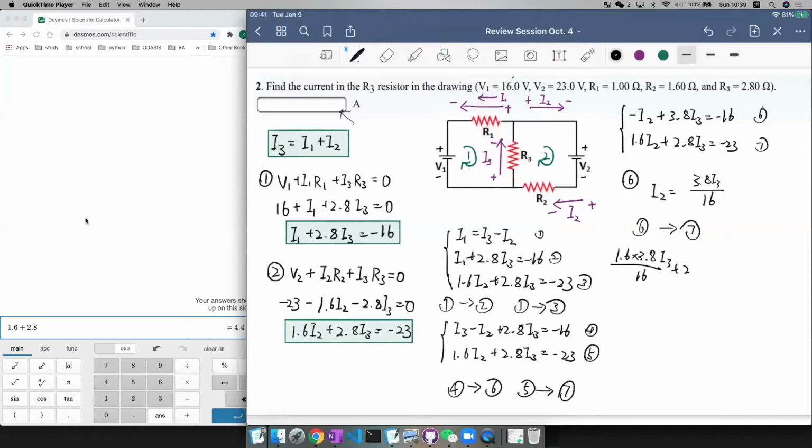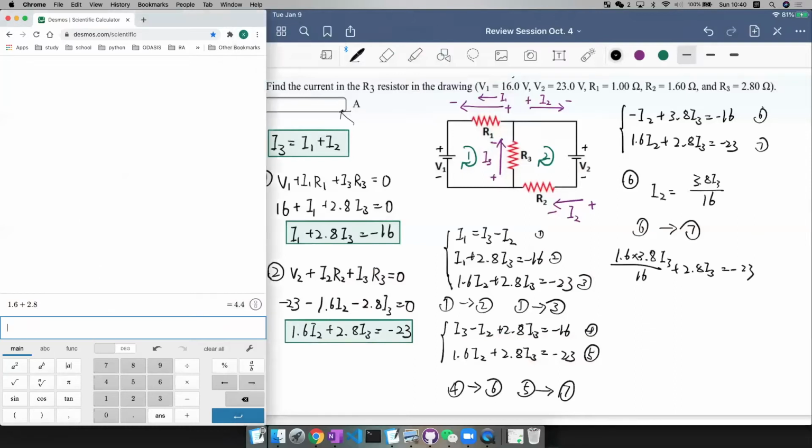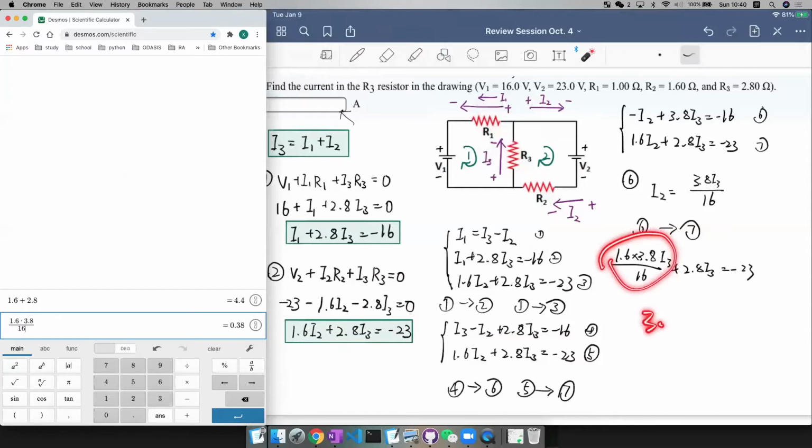Yeah, plus 2.8 I3 equals negative 26, 23. Okay, next. Calculator. If this were in an exam, it could be simplified further, because for this first equation, you could just write that as 3.8 over 10, right? The same thing. But since we have time, we could write a complete term.